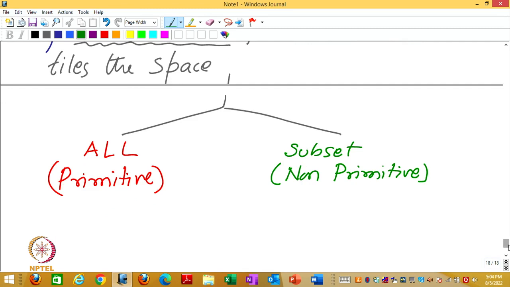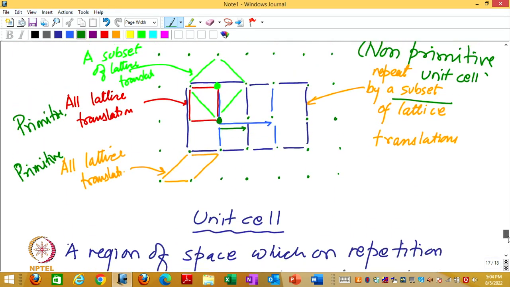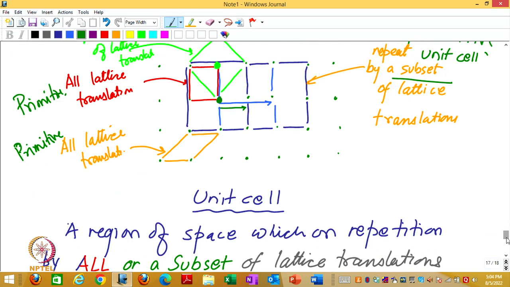We had two types of primitive itself. So, primitive also is not unique. The red is also primitive, and this one, whatever color it is, orange. Red and orange both are primitive, but they are different shapes. So, it is not that primitive is unique. Non-primitive also we are having two types, at least in this example.